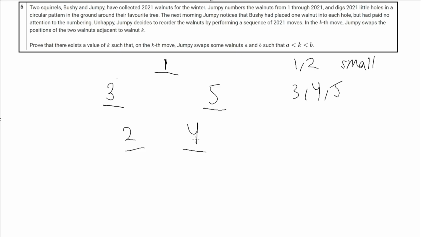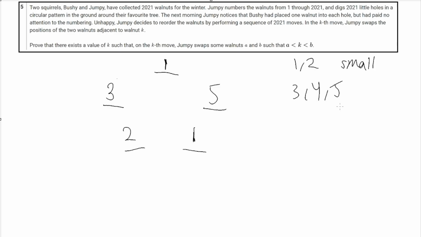We need one to be small and some other ones to be large. Because if it's 1, 2, 3, that requires 3 to be large, which is not necessarily the case when we look at n equals 7, for instance. The point is that we need to somehow change our definition of small and large.